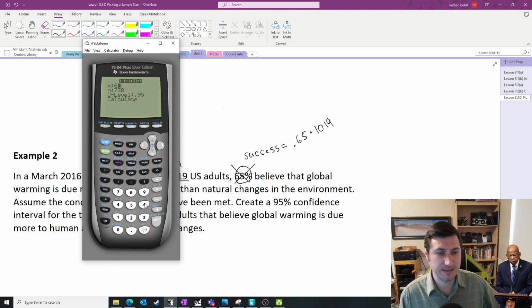All right, it was 662 successes, right? My N was 1019. Calculate. And there it gives us our interval from 62% to 67.8%. Maybe even 0.9%, huh? That rounds up quite a bit. Hopefully those numbers sound familiar to you.